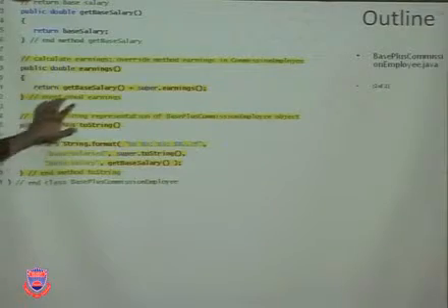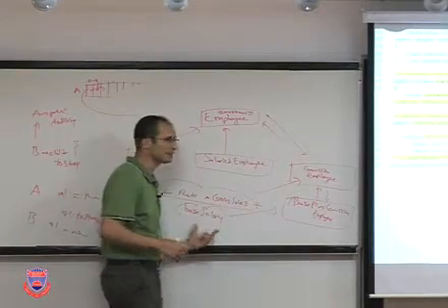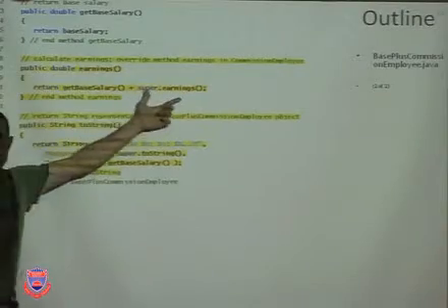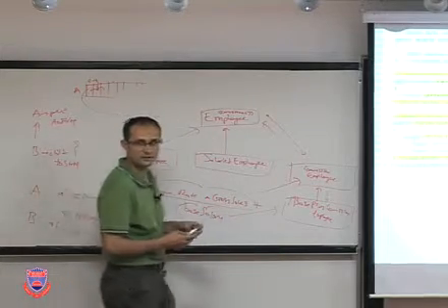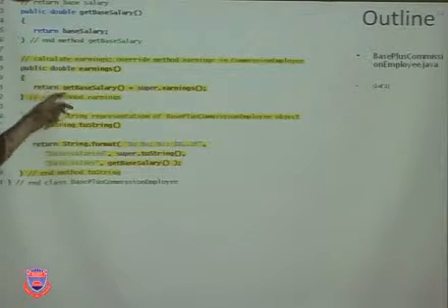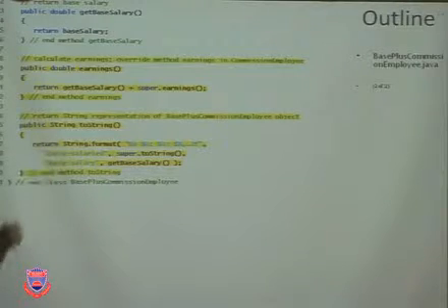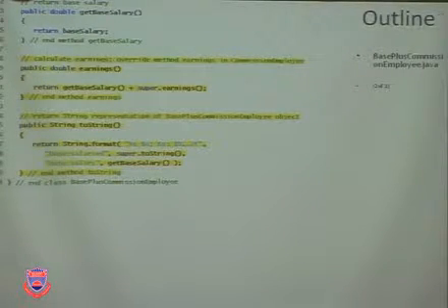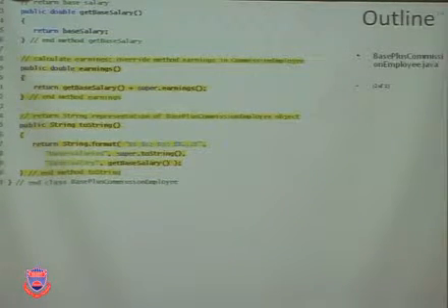And if you look into that, it gets the base salary, which is the additional component here, the base salary, plus the super.earnings, which is going to give me the computation for commission rate times the gross rate. And that's going to give me the earnings for this specific employee. And if you look into the toString, it's basically going to print things on the screen as we did before, and it uses the super's, the parent's toString method also to print things on the screen.